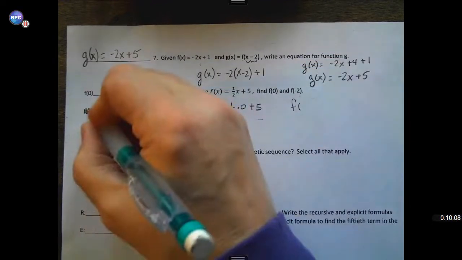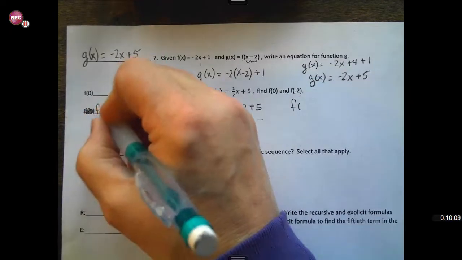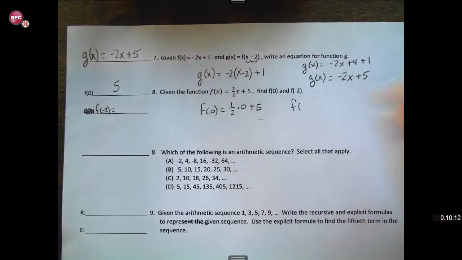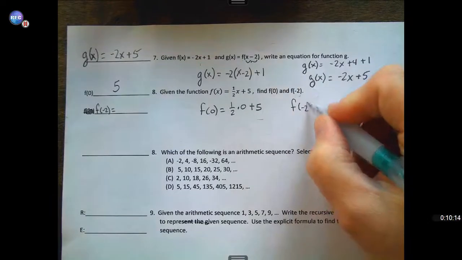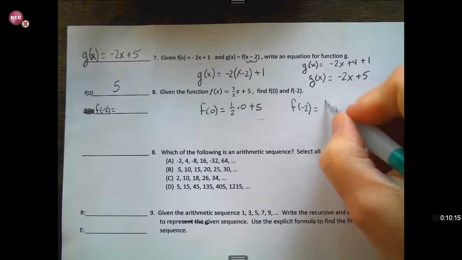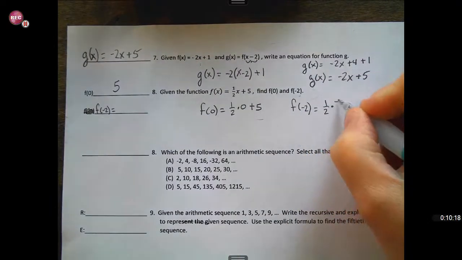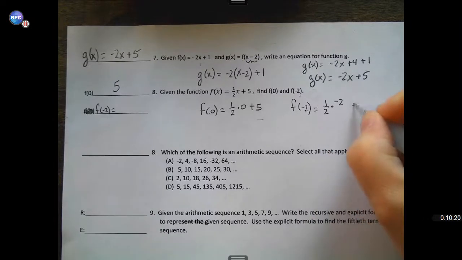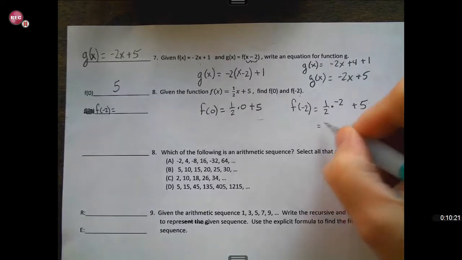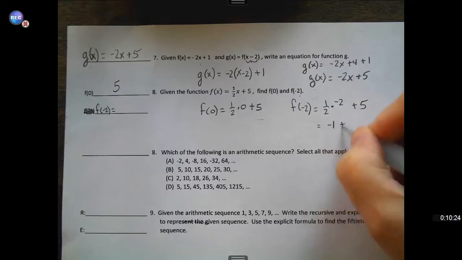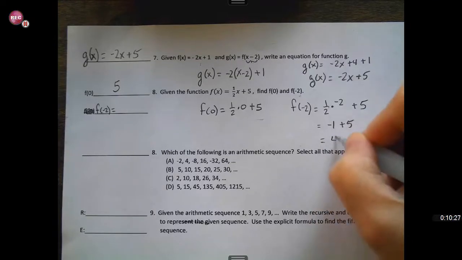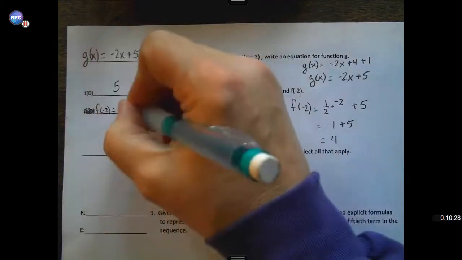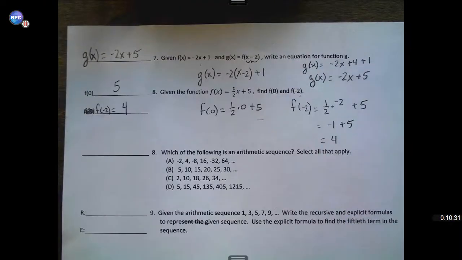So we'll change this to f of -2. And so f of -2 means plug in 1/2 times -2 plus 5, and that is -1 plus 5, which is 4. F of -2 is 4.